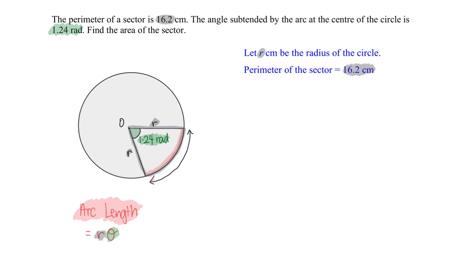This is the red color arc length. You will then see it is R multiplying by 1.24 radian, and therefore this one will be equal to 1.24 R, which you will see in the working later on.